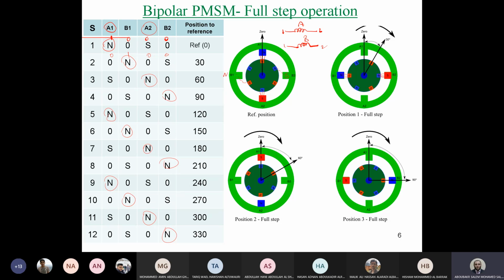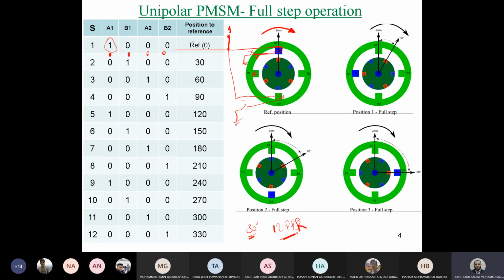So comparing now, guys, between the full step bipolar and full step unipolar, you will find that bipolar has higher torque. Right, guys? In unipolar for full step operation, the rotor was coupled only from one side. So this is the unipolar again.